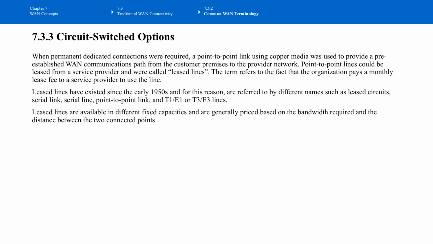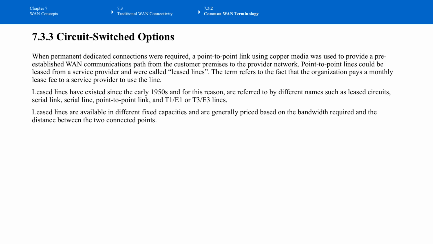A leased line is a permanent, dedicated point-to-point WAN connection between two locations. The connection is pre-established and always available. The organization pays the service provider a monthly fee for the use of the line.